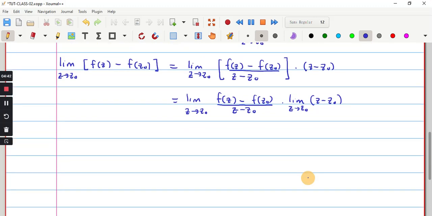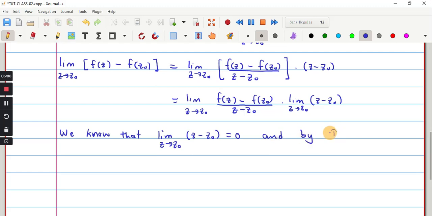Now, we know that the limit as z approaches z0 of z minus z0 is exactly equal to 0.